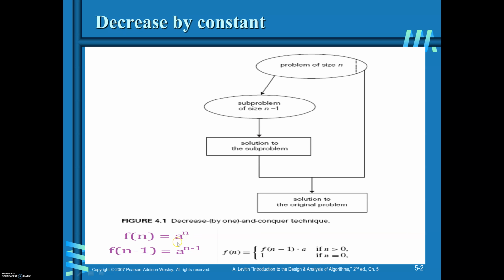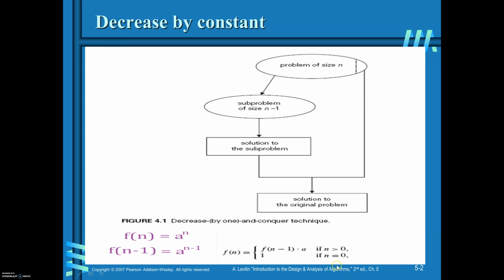For example, let f(n) equal a power n. Then how do you find a power n minus 1? Assume that you already know the solution for a power n minus 1. Then you can find a power n as a power n minus 1 times a, if n is greater than 0.